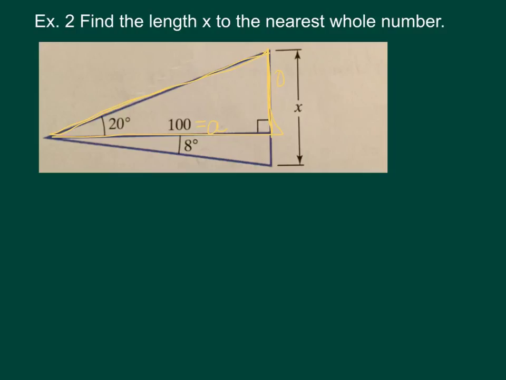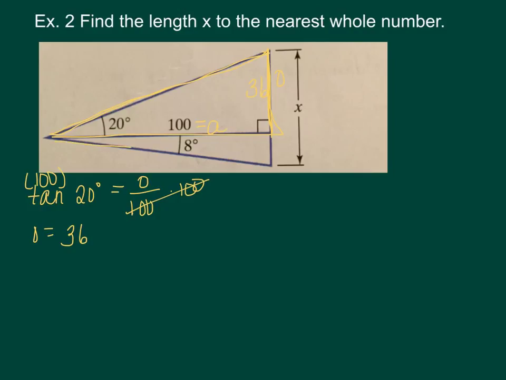So I'm going to use tangent 20 degrees equals opposite over 100. Multiply both sides by 100. Put that in your calculator and you should get 36 units. So far we have this side is 36.